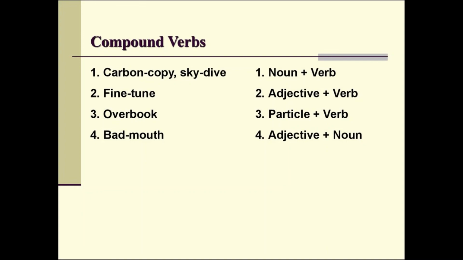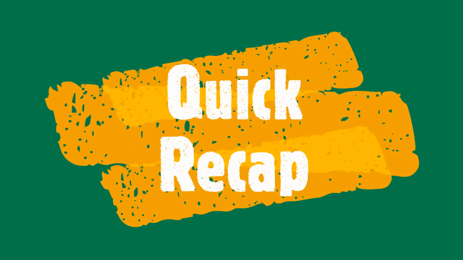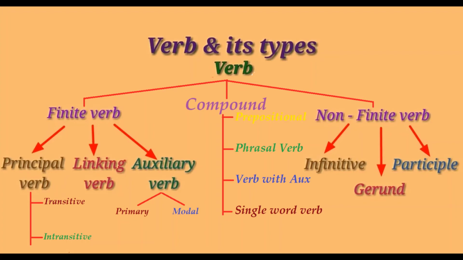So I hope we will have a recap of what we have studied. We have been seeing the different kinds of verbs. Altogether, you can classify the verbs into three groups: the finite verb, the compound verb, and the non-finite verb. Finite verb is divided into principal verb, linking verb, and auxiliary verb.